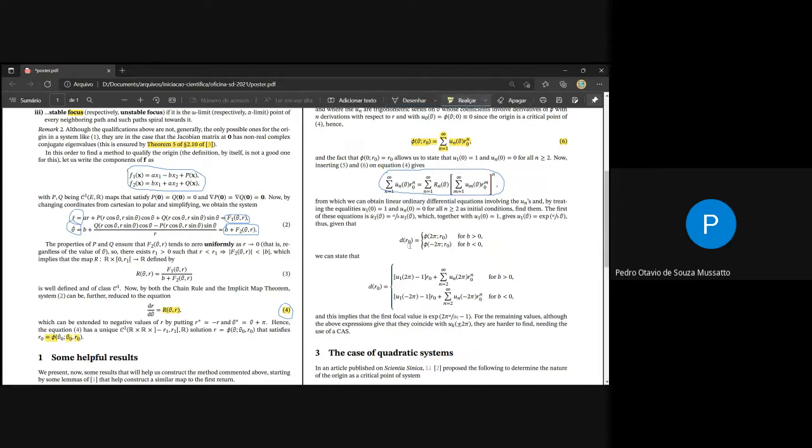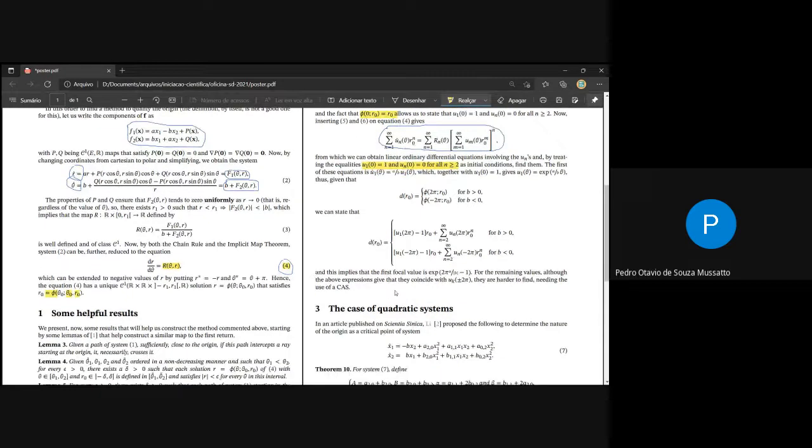From comparing coefficient to coefficient, we can harvest some linear ODEs in the u_n's, and we can use these equalities here, which come from the fact that phi of 0 equals r0, as initial conditions to solve the u_n's, and then evaluate them at theta equals 2 pi, and these values will be the focal values.